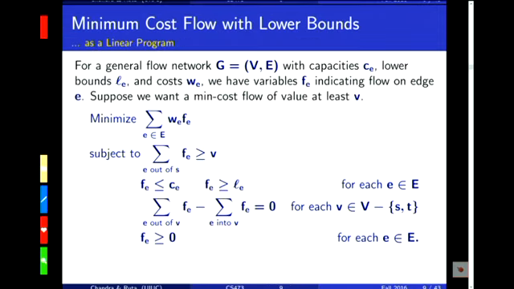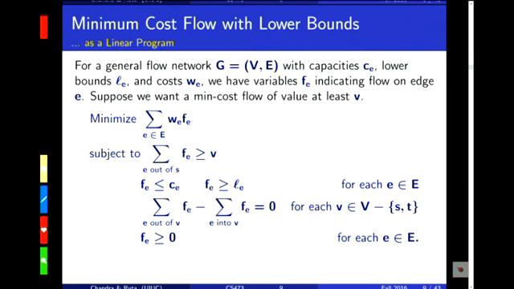And I don't know if you have seen min-cost flow. Did Chandra cover min-cost flow? He did, right? So what is min-cost flow? You want to send some minimum amount of flow from S to T, but in addition to the capacity, you have costs on the edges.